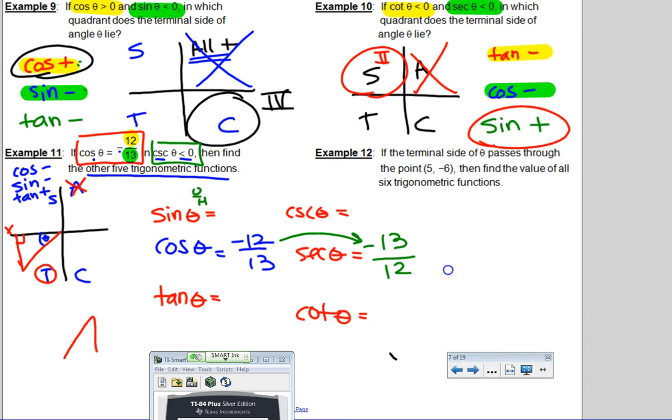Well, let's see. H is the hypotenuse. Hypotenuse is across from 90, so there's my H side. I know that that's 13. All right, my other two sides. This is opposite, which means this is adjacent. So I know that that side is going to be the 12 side, the adjacent side.